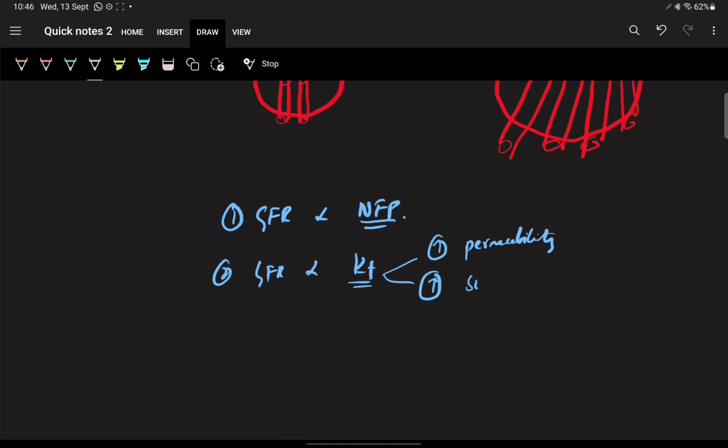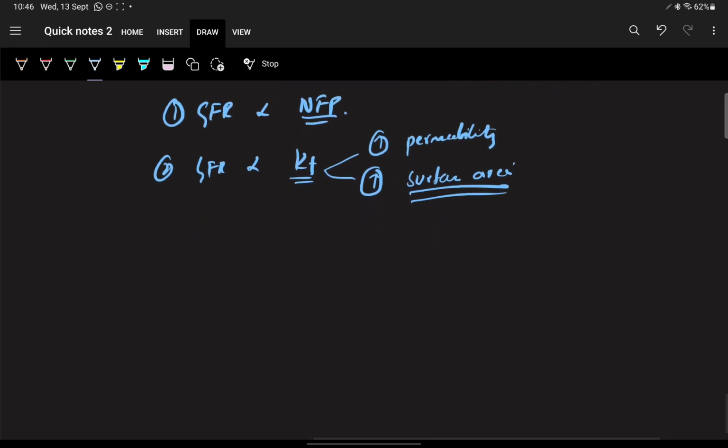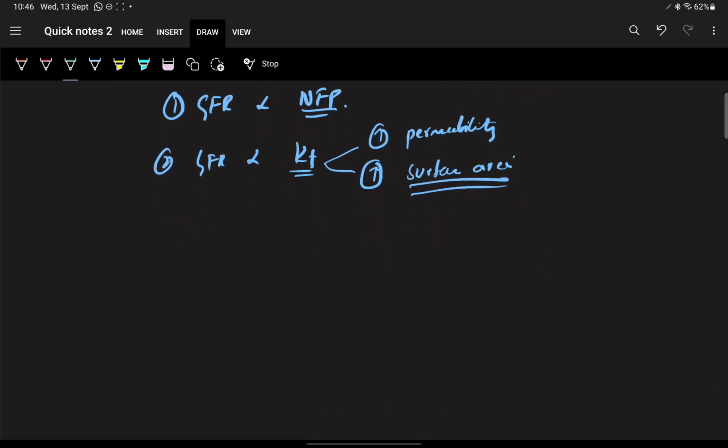Similarly, if there is increased surface area, then also there will be increased GFR. Can you name some condition where there is decreased permeability and decreased surface area?